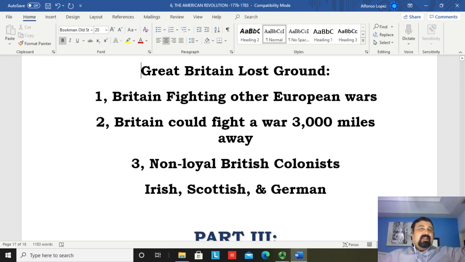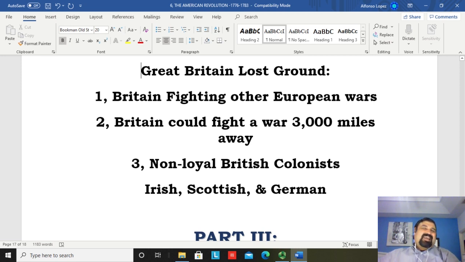I have to send supplies and troops and food and so on to keep the war going, and this is going to, again, be very costly. So why not just spend those resources in Europe itself? So Great Britain was forced to let those colonies go as a result of that.